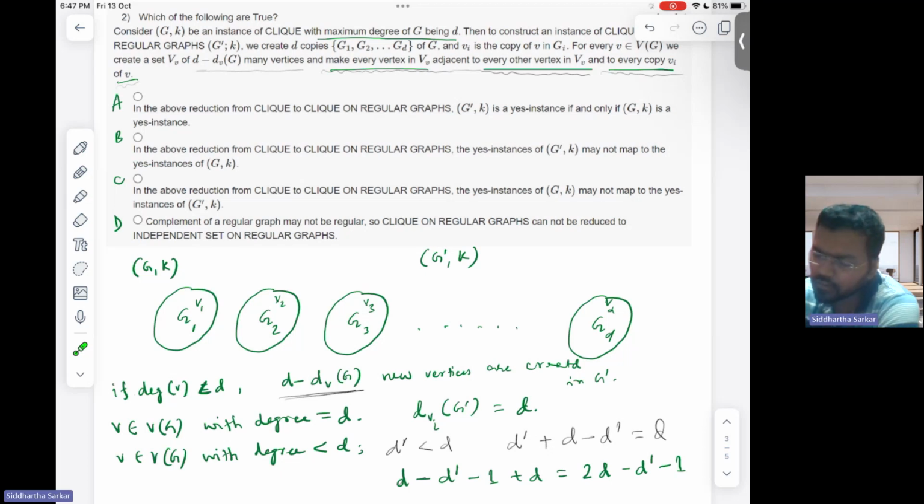So in light of that, if it has to be correct, then the graph itself has to be regular.